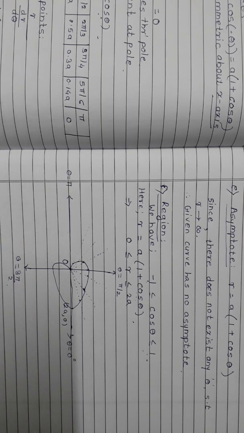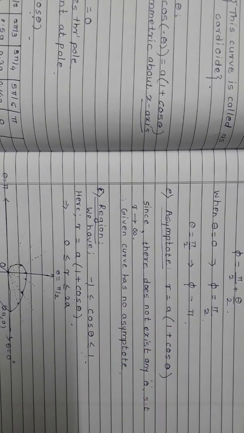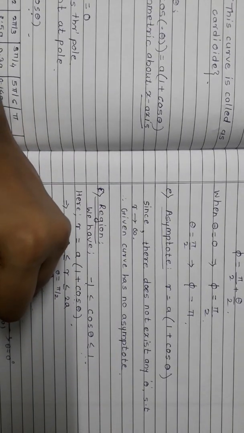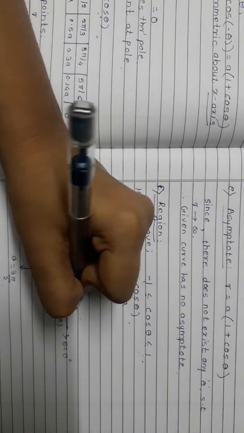Okay, now note that we have figured out the tangent lines here. When theta is equal to 0, the line is making pi by 2 angle. So here it should be like this, right?